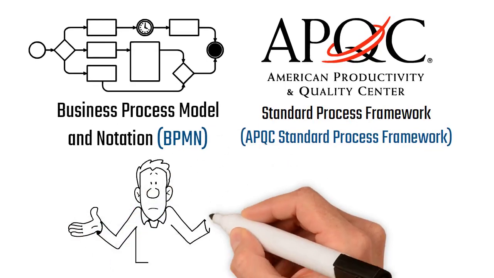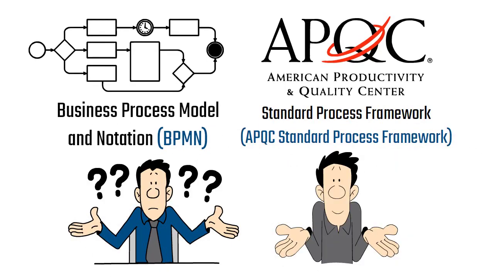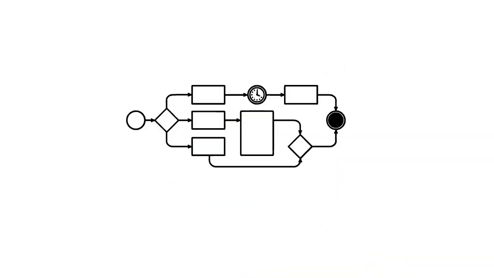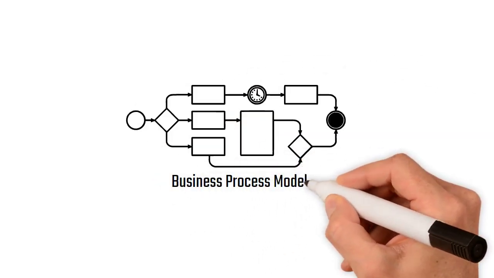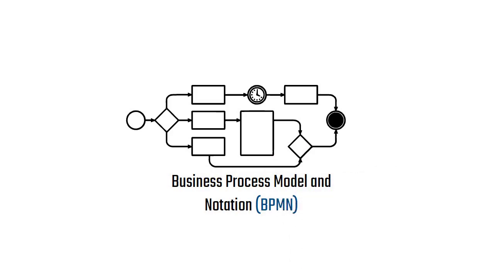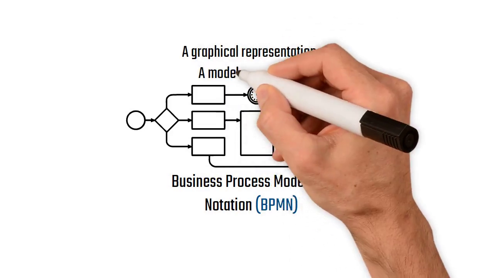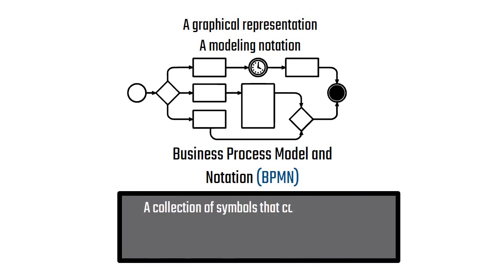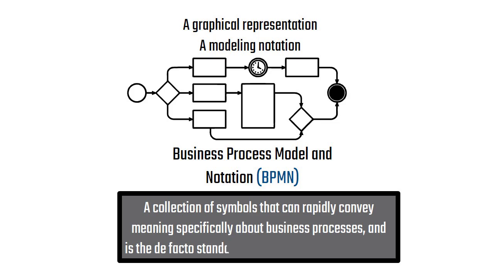What are these acronyms? Who came up with them, and why do they matter? Great questions. Let's start with BPMN. Business Process Model and Notation, aka BPMN, is a graphical representation, a modeling notation, a collection of symbols that can rapidly convey meaning specifically about business processes and is the de facto standard for business process diagrams.